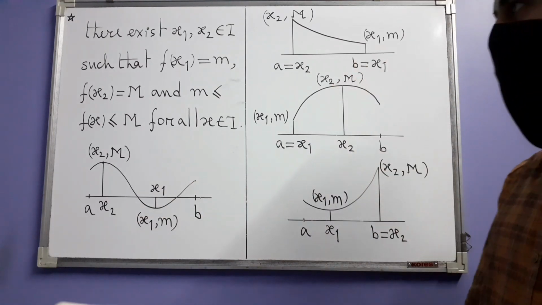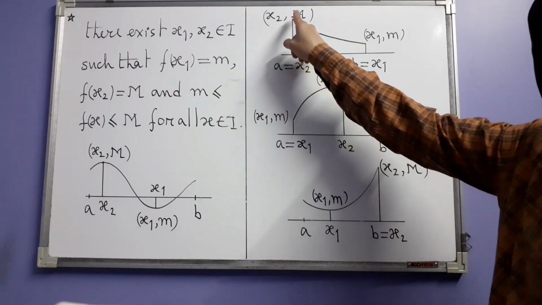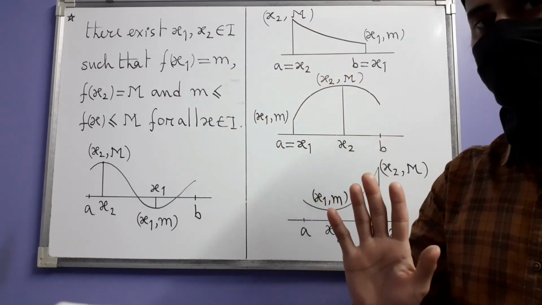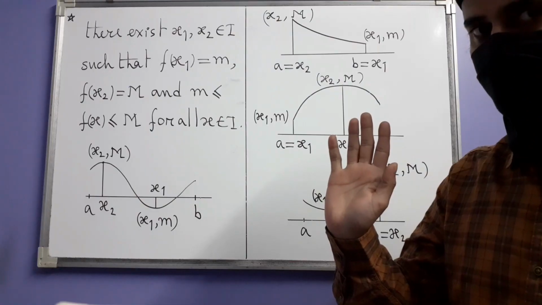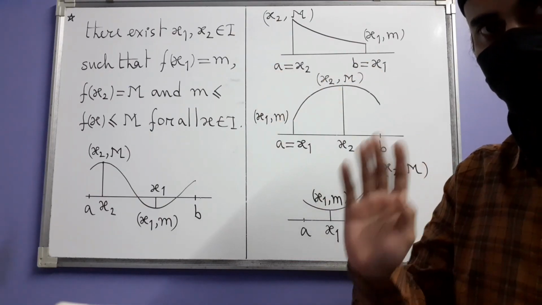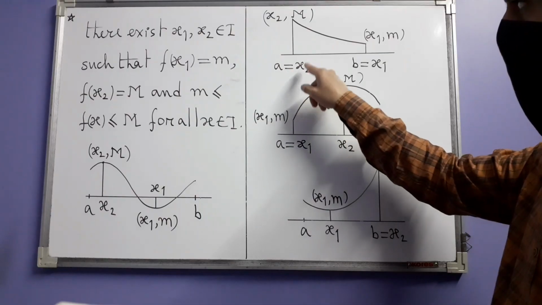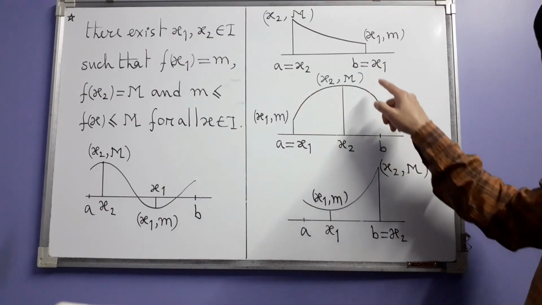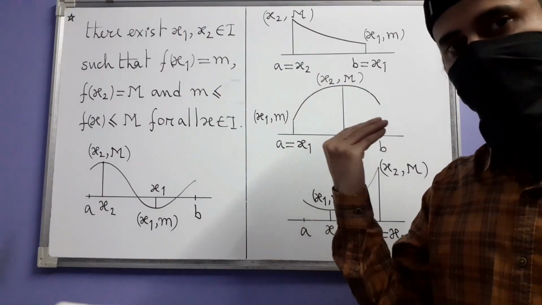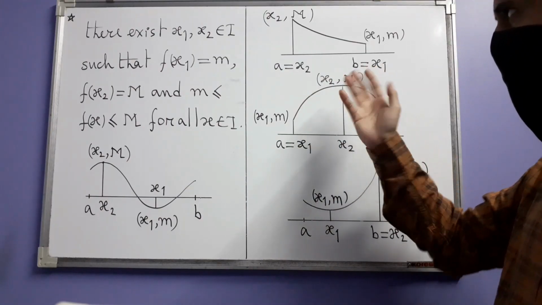In this second one, the absolute maximum capital M is attained at the left end point. This time it's not an interior point, but it is still, of course, inside the interval because we have closed interval a comma b. So here a itself is x2, and the minimum value is also attained at the other endpoint, the right endpoint. That can happen.